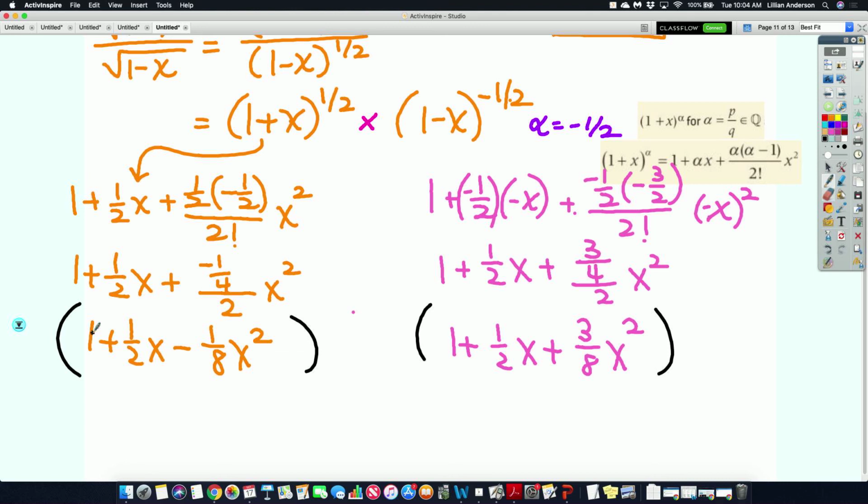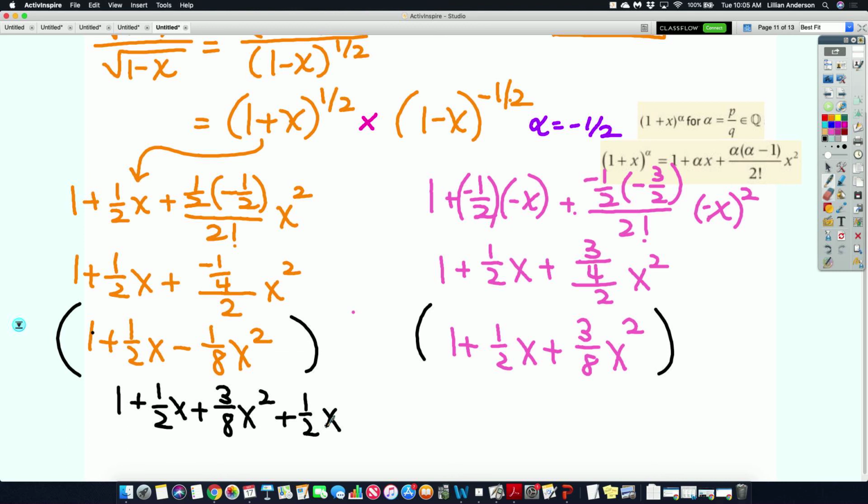What's 1 times 1? What's 1 times 1/2 x? And then what's 1 times 3/8 x squared? 3/8 x squared. That one was the easy one. Now let's take the 1/2 x in the orange and multiply by everything in the pink. What's 1/2 x times 1? 1/2 x.